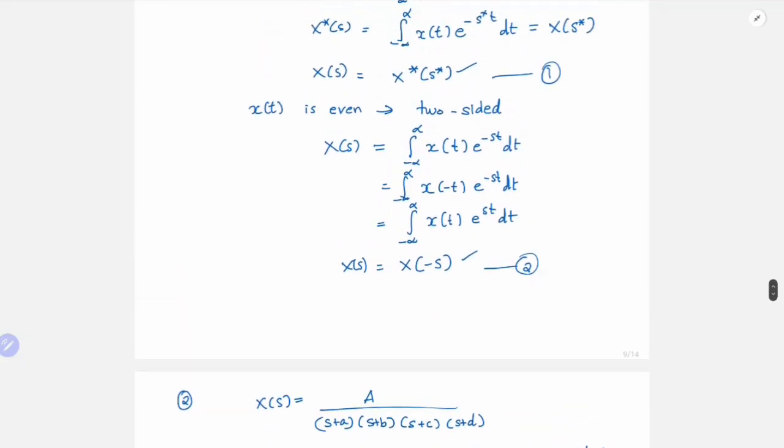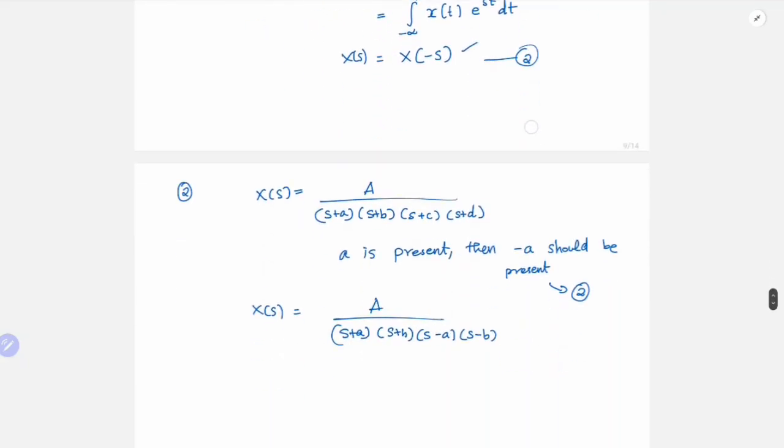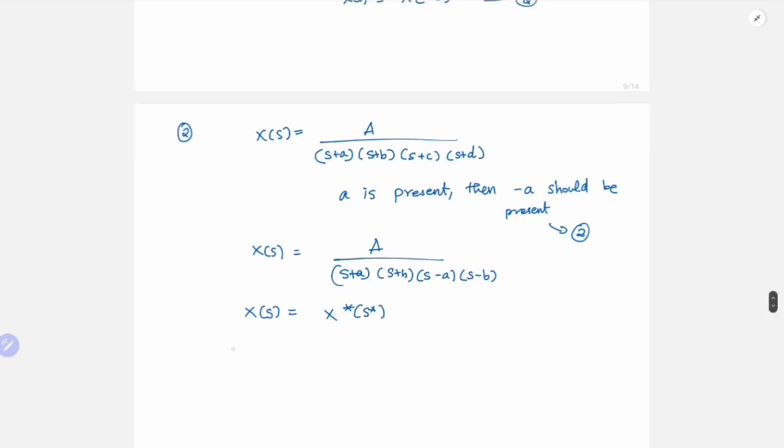So what does condition 1 say? Okay, let's just find it out. It may not be trivial for you. So a by s plus a into s plus b into s minus a into s minus b is equal to, a is constant, so we'll just take it as a. Let's not give it a star.